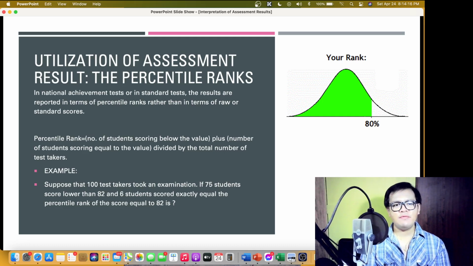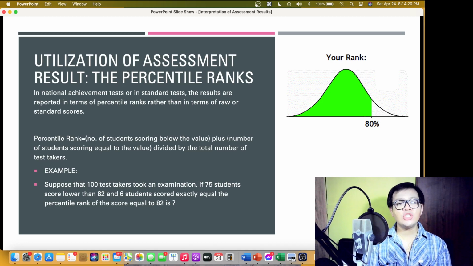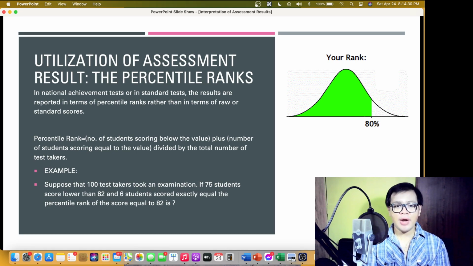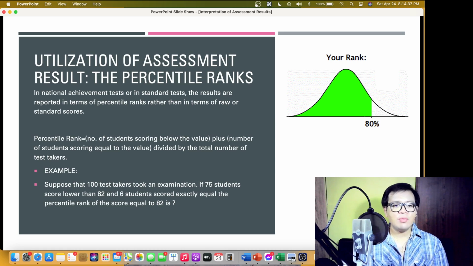So utilization of assessment result, and that includes the percentile ranks in national achievement tests or standardized tests. The results are reported in terms of percentile rank and in terms of the standard score as well. So when you say percentile rank, it's the number of students who scored below the value plus the number of students scoring equal to the value, divided by the total number of test takers.